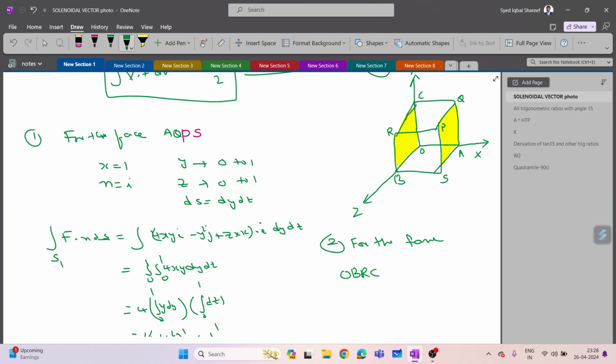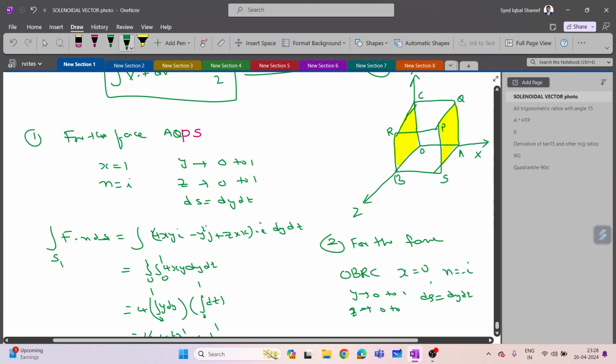For the phase opposite to it, x equal to 0, and n equal to i was there, so it will be n equal to minus i. And same, y will be 0 to 1, and z will be 0 to 1. And dS is dy dz.